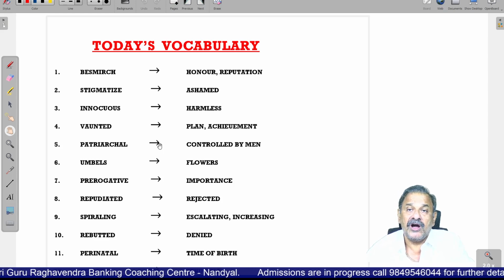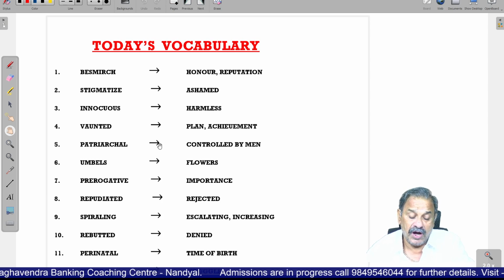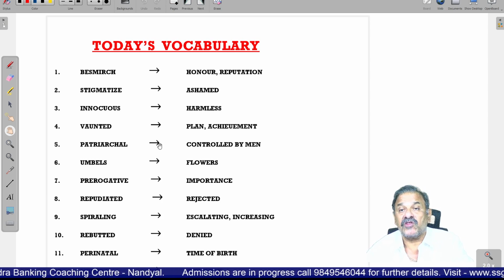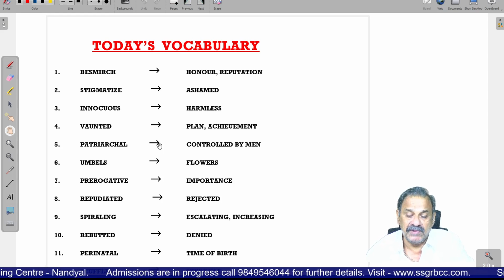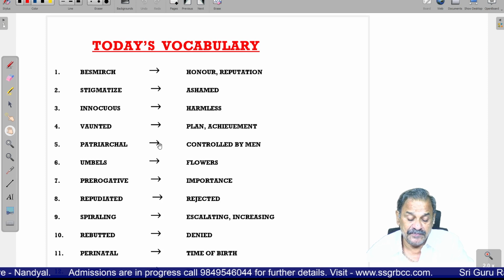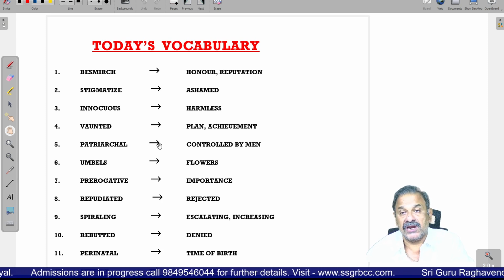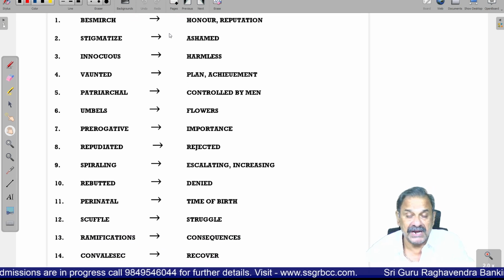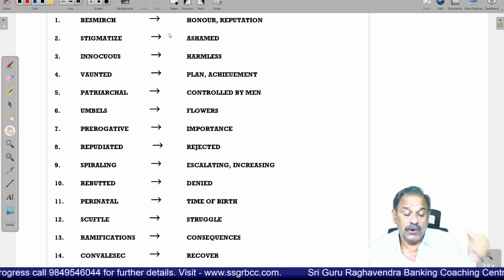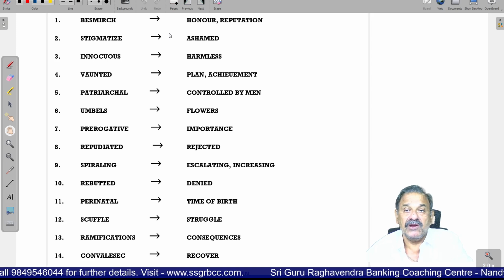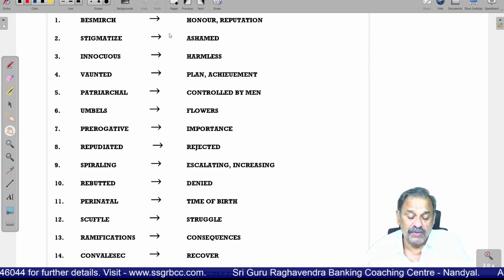It is the opposite of harmful. Vaunted means plan, achievement. Then patriarchal, controlled by men. Umbels means flowers.